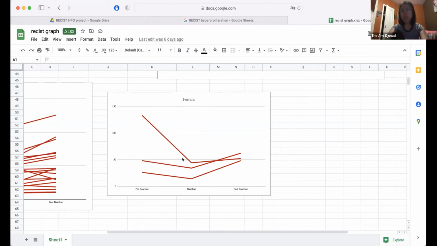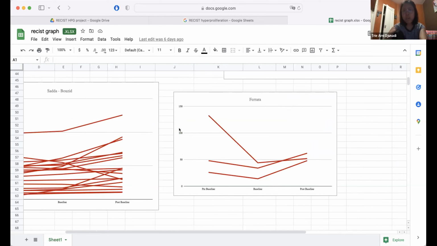Is this the impact of the downfall of the definitions? Also, in SADA BUSID, most patients have stable disease. Last week we discussed how to deal with a negative slope, or zero, or stable disease.